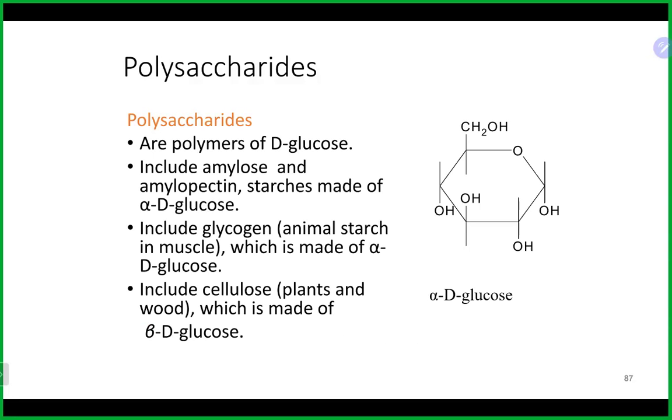They include amylose and amylopectin starches that are made from alpha D-glucose. They also include glycogen, which is animal starch in the muscle. It's also where we store glucose and all that for later use, and break it back down through gluconeogenesis. They include cellulose, which is in plants and wood, and is actually beta D-glucose.